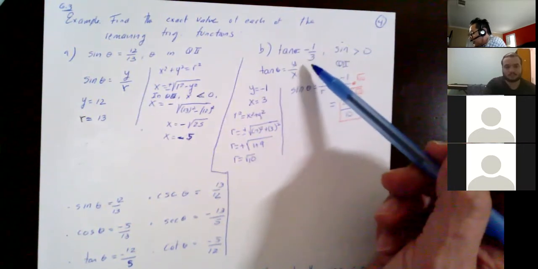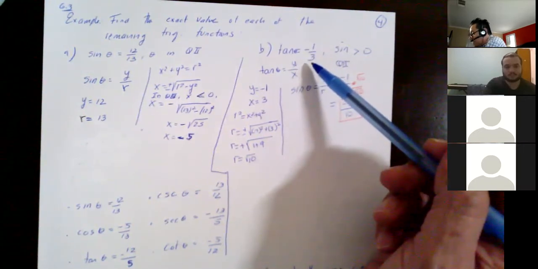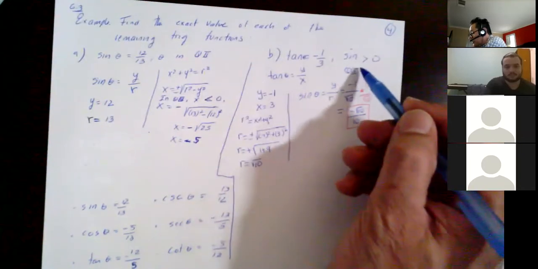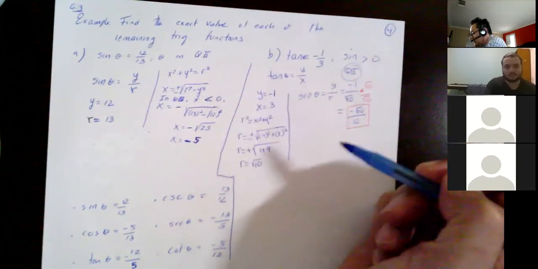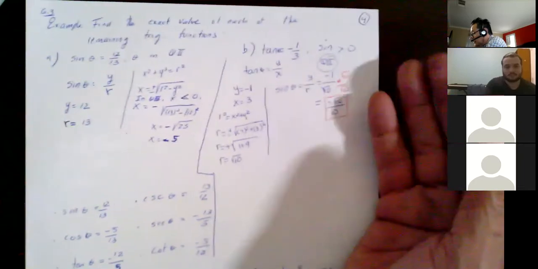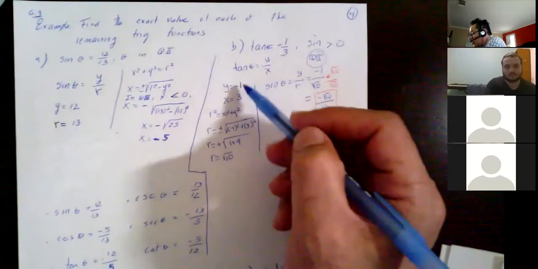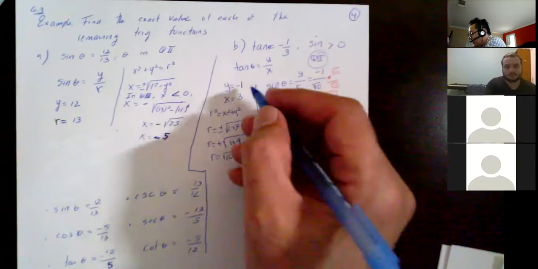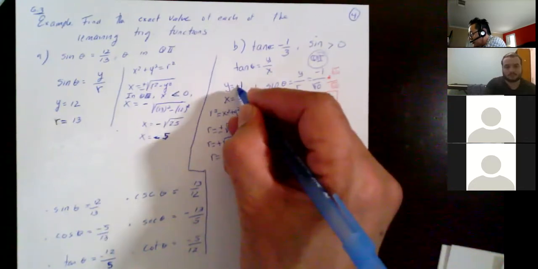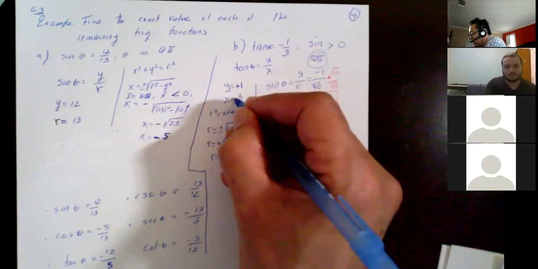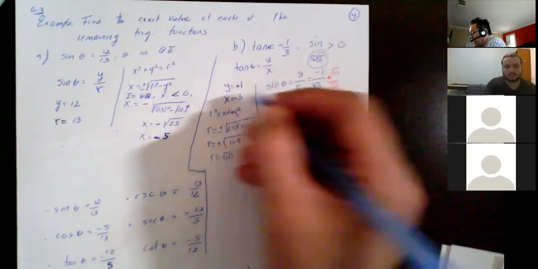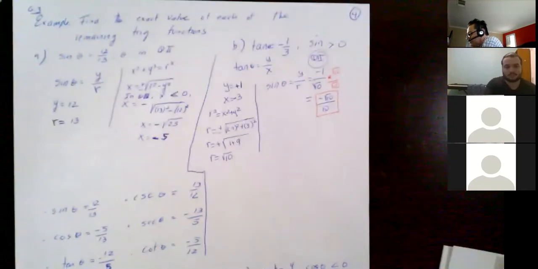That is correct, by the way. Since we're talking about quadrant 2 here, you guys, notice that the sine in quadrant 2 is positive. Let me write it this way. And x is negative here.